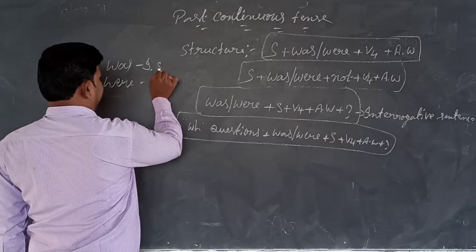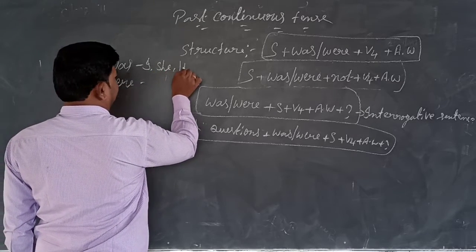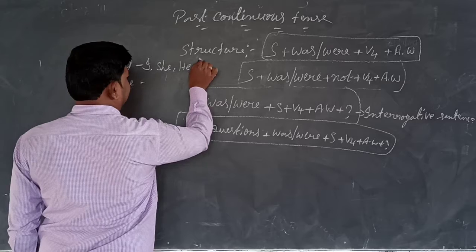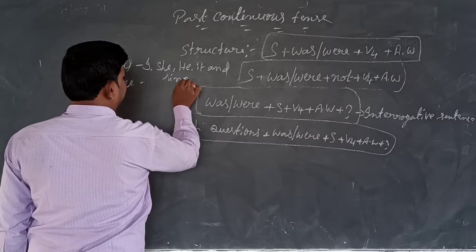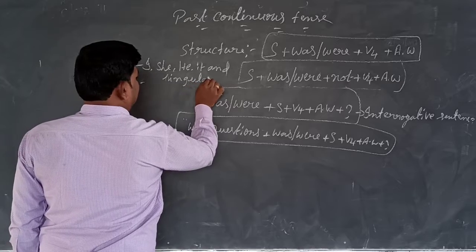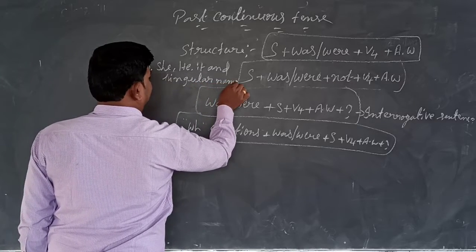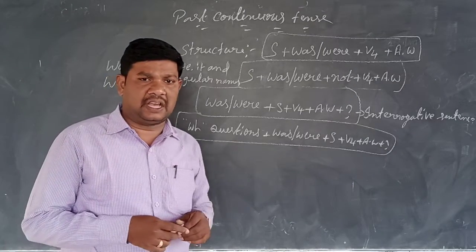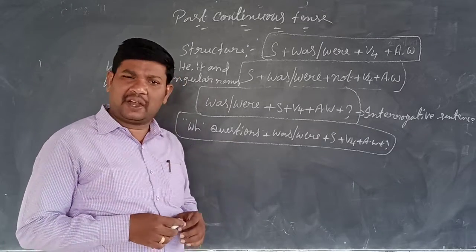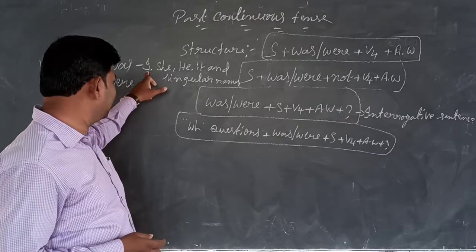Next, she, he, it, and singular names. Was is used only for the singular subjects. What are the singular subjects that I wrote on the board?